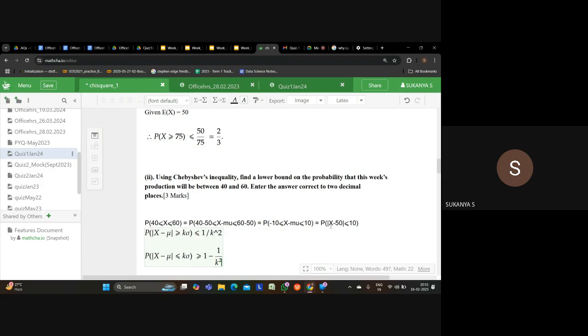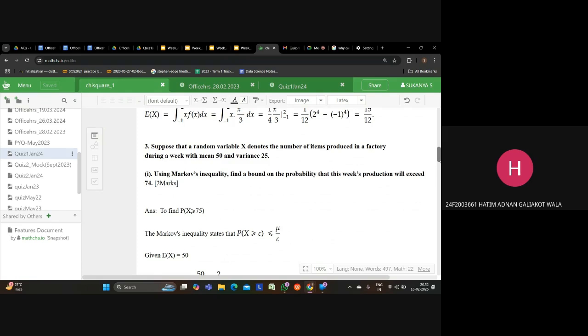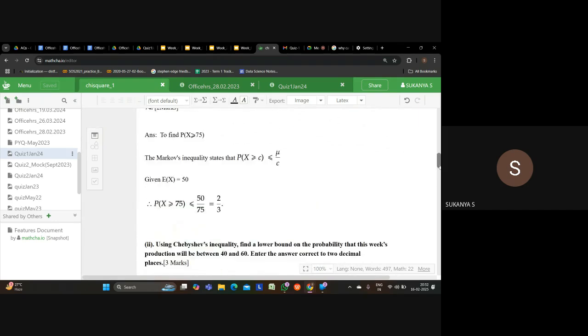Now you know what mu is. What is k sigma equal to in our question? Yes, 10. And what is sigma? The variance is 25, and variance is sigma square, so sigma, the standard deviation, is going to be 5. So you know everything to substitute.